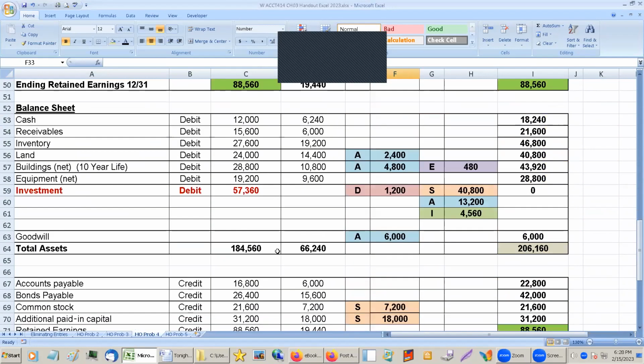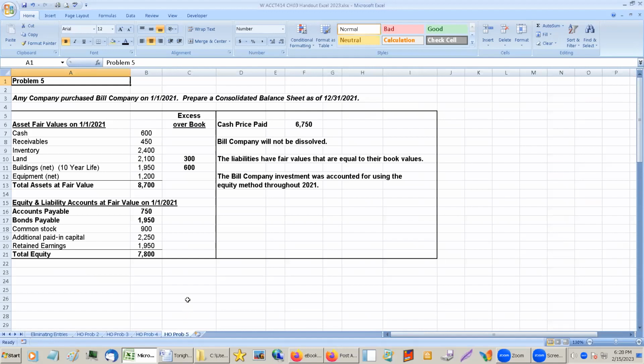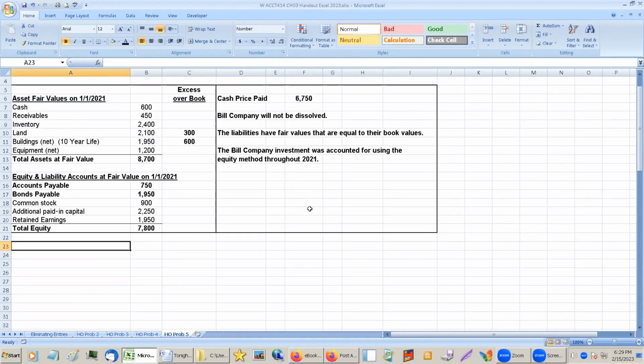Question on this one? We will do one more and then we'll do the book problems. I'll tell you what, I'll be quiet here. See if you can figure out the goodwill on this one. Actually, I better check and make sure there is goodwill.